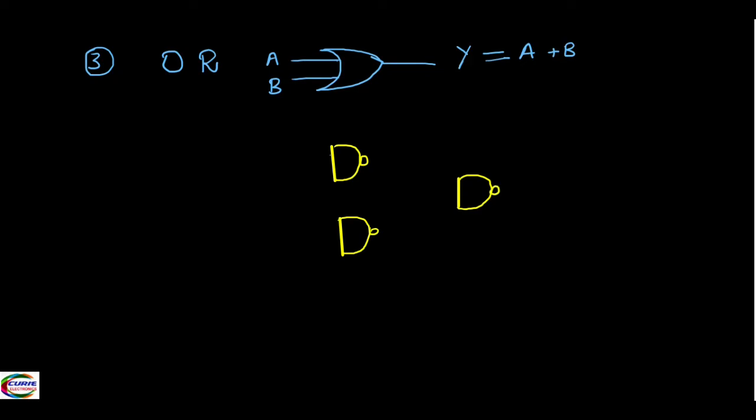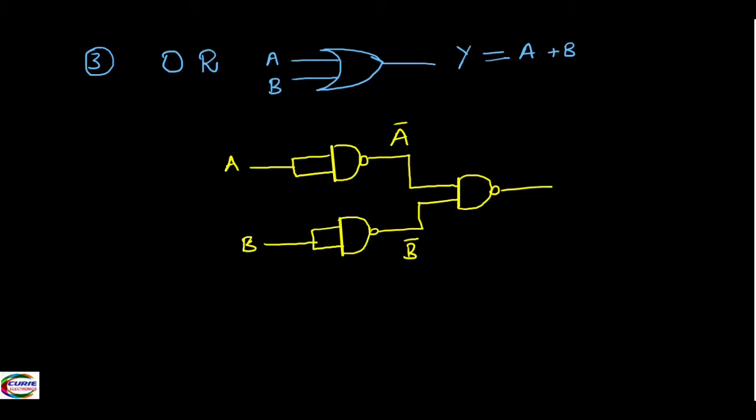Now what I will do, we will short the inputs. We know how to make a NOT gate. One input is A and the other input is B. Now these gates' outputs we will give to the inputs of the third gate. So here we will get A complement, and from the bottom gate we will get B complement.